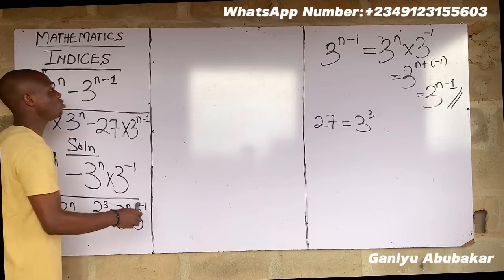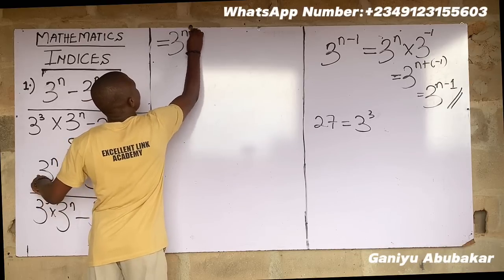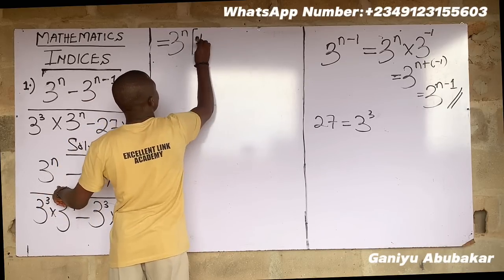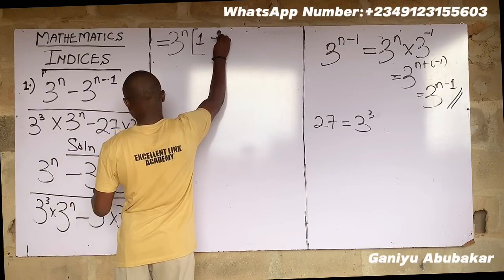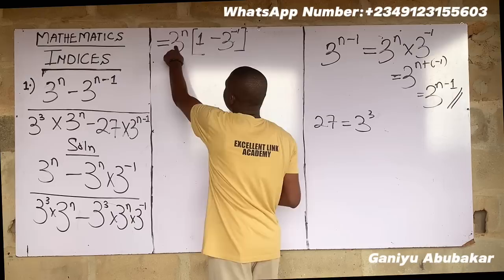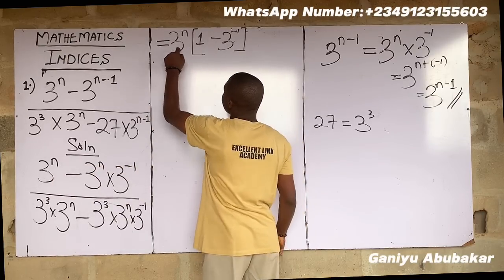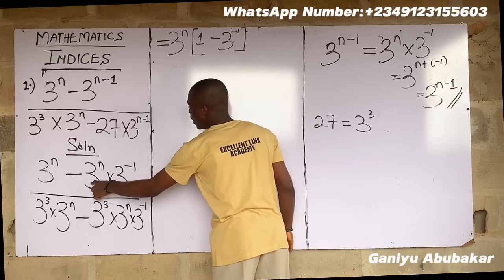So I'll factorize it out. For my numerator, I have 3^n common, 3^n into 1 minus 3 to the power minus 1. Of course, observe, 3^n times 1 will give 3^n, minus, 3^n times 3 to the power minus 1 will give 3^n times 3 to the power minus 1.